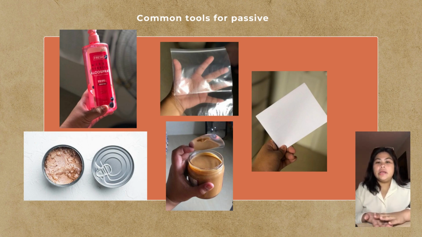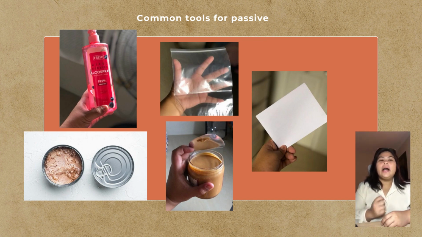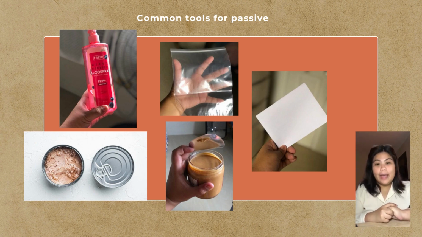Then the Ziploc is used for putting the insects that have been collected after baiting. And then alcohol is used for the insects once they are done eating the food on that paper stage. And that's all for the passive and active tools.